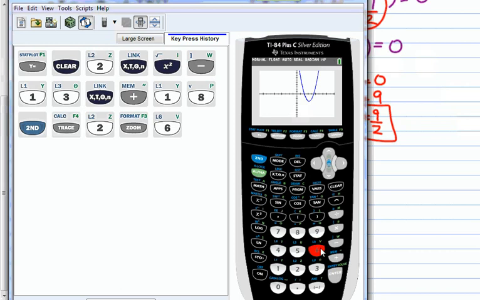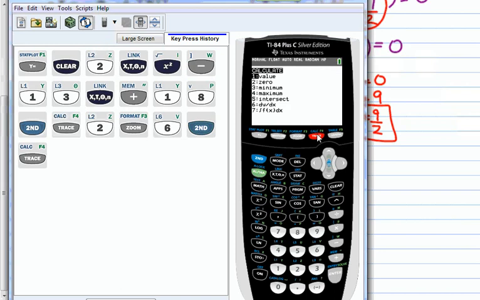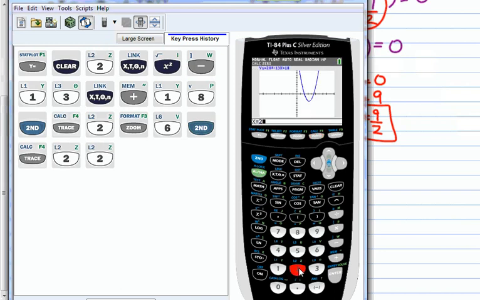And there's 2 places which are obvious, hopefully, to you. And I have to check them one by one. So second, calculate. I'm going to have to do that again because of the whole zooming in thing. If this calculator catches up with me. Did it not think I hit calculate? Let's try it again. Okay, there we go. Back to number 2. All right, so it's asking me for left bound.